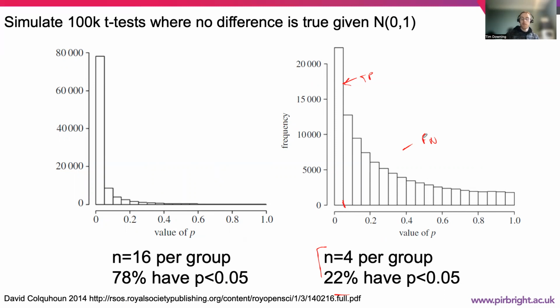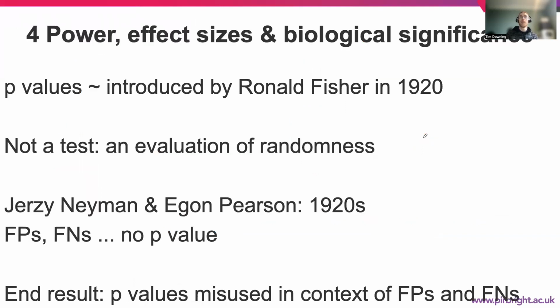This obsession with p-values is very much a phenomenon that's developed over a series of decades, and it's not based on any logical reason. Ronald Fisher introduced the idea of p-values in the 1920s, but it was just an evaluation of randomness and an observation that this is a percentile on a distribution. Then there are other processes based on Pearson and others, where you're looking at true positives, false positives, and so on, but not focusing on p-values.